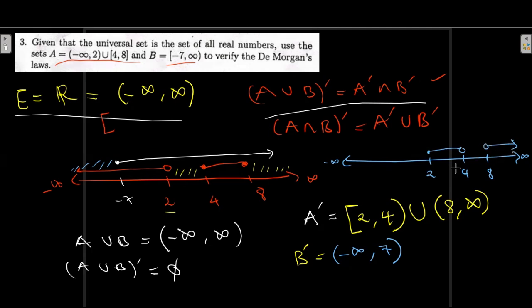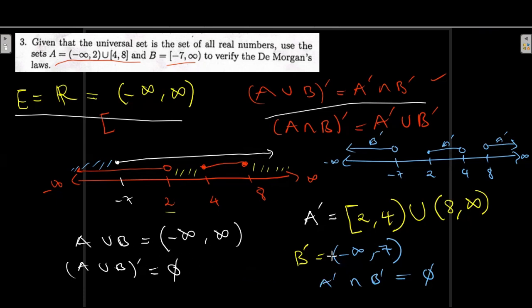So I direct that arrow saying it is continuing to go. Then of course this is negative. At -7, it is open at -7. Then it goes all the way up to positive infinity. Then I check, do these intersect at all? Do they have any common elements? This is B complement and this is A complement. Do they have an intersection? These two do not have an intersection. So A complement intersection B complement is going to be empty.